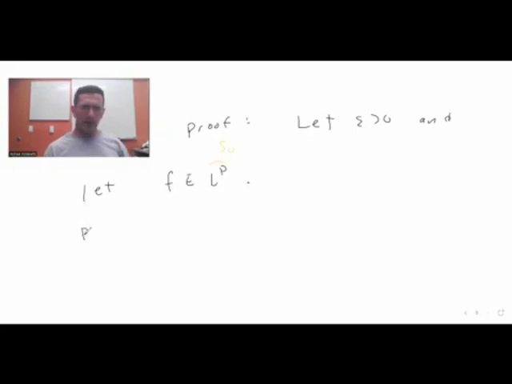So pick F1 in S1, since S1 is dense in LP. Let's call this F0 again to make the proof cleaner, so I'm defining F0 to just be F.